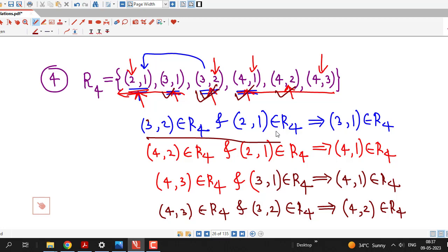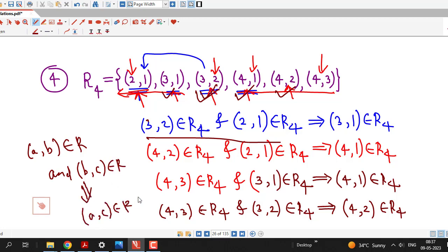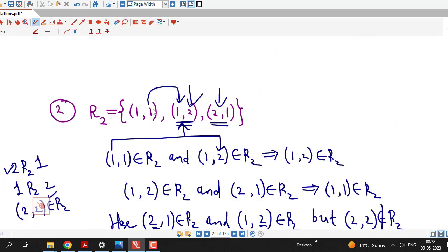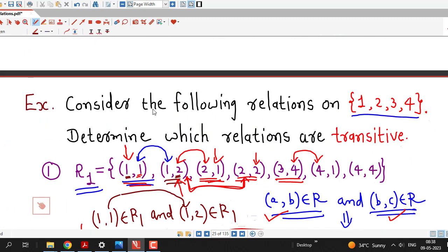So our relation is transitive if whenever (a,b) belongs to R and (b,c) belongs to R implies (a,c) belongs to R, and we have to check for all types of possibilities for all the ordered pairs in our relation. So in this way we can decide whether our relation is transitive or not.